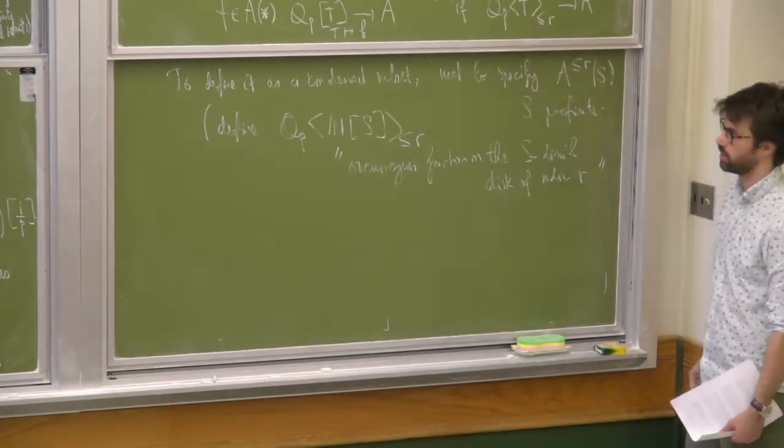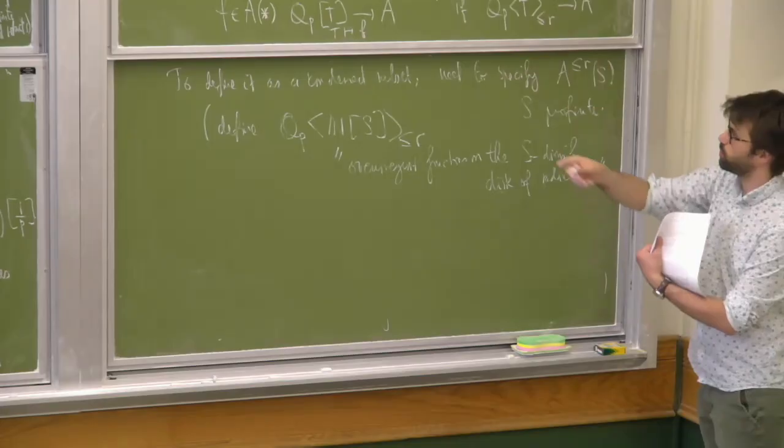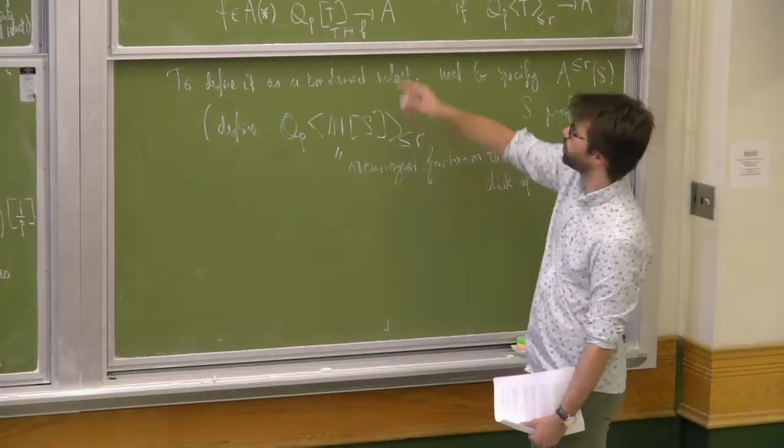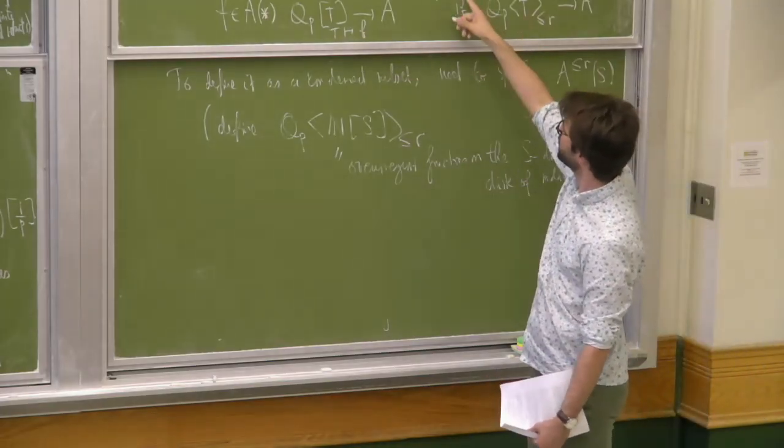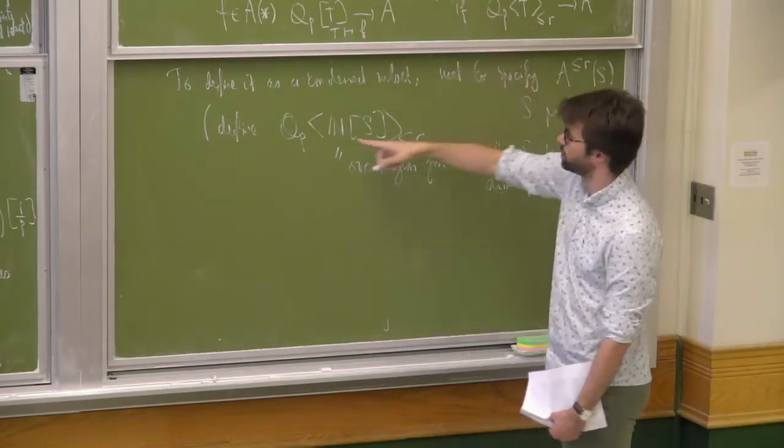You have a morphism from S to A. You say you want it to extend. You say it lands in this if the morphism extends.